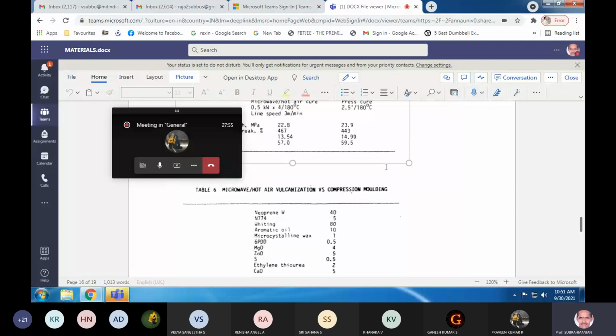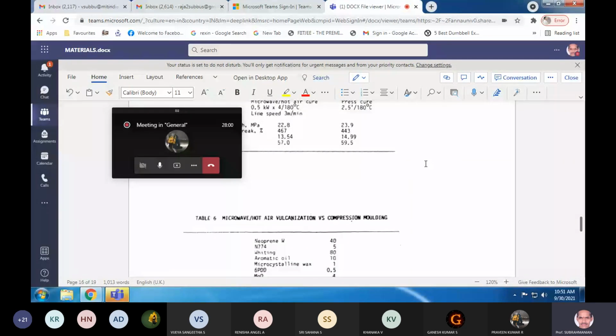So what is the difference? I write here. TBBS replacing CBS. Why?